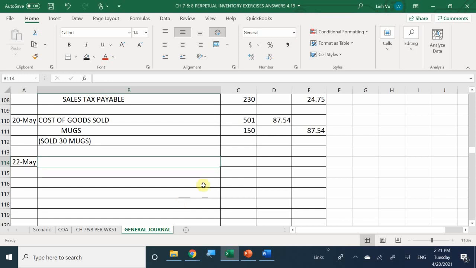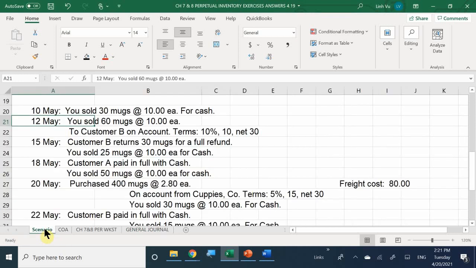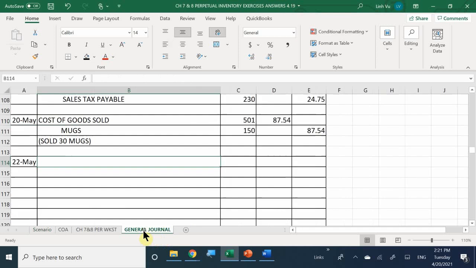How did customer B pay us? They paid us in cash. So we received cash. Okay? That's the first thing you've got to recognize: how did the customer pay us? Well, he paid us in cash. So 102. All right? We also recognized that we're going to be giving a discount.